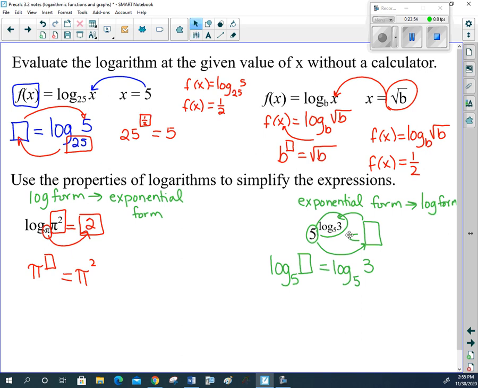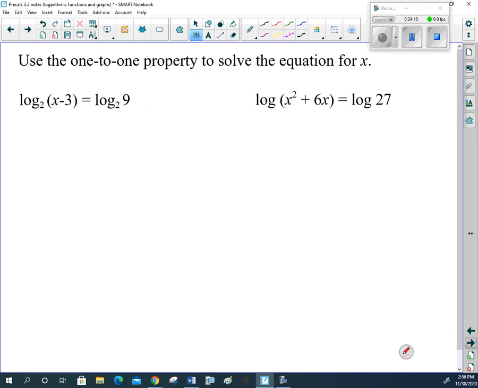Compare: this log matches that log, that 5 matches that 5, so that must mean the answer is 3. And you could do that with the property rules. Anytime this base is the same as this base, the answer is always this argument right here, 3. That's what those rules on the other slide, two previous slides, said.